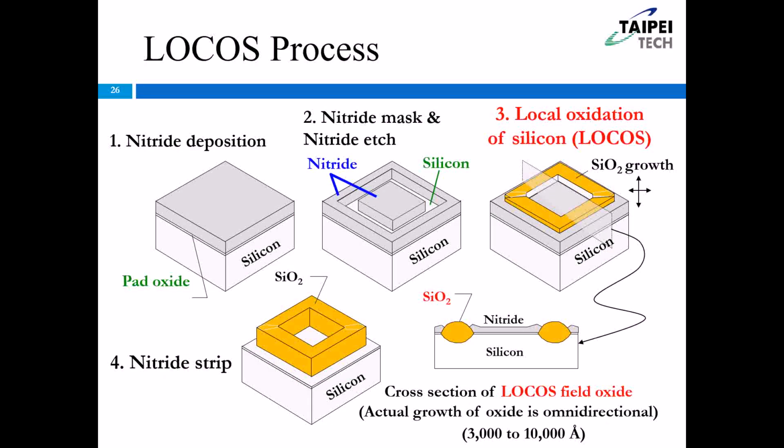Let me show you the process for LOCOS, which is very similar to the process of the STI. Later I will show you the difference between LOCOS and the STI and the drawback of LOCOS. As we mentioned before, we have the silicon wafer, and the first thing we need to do is grow pad oxide. We grow pad oxide, okay? And then we grow nitride, okay?